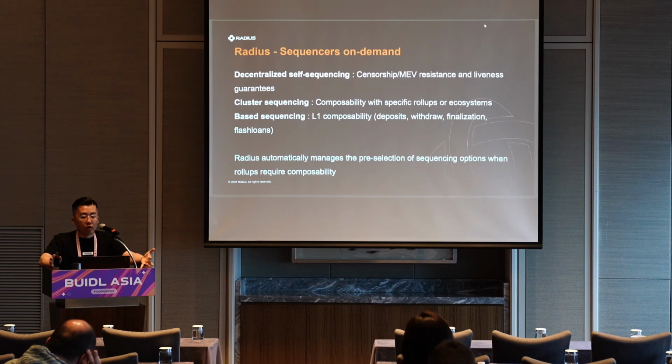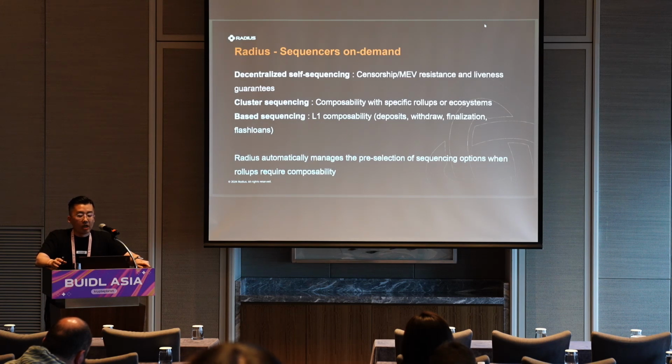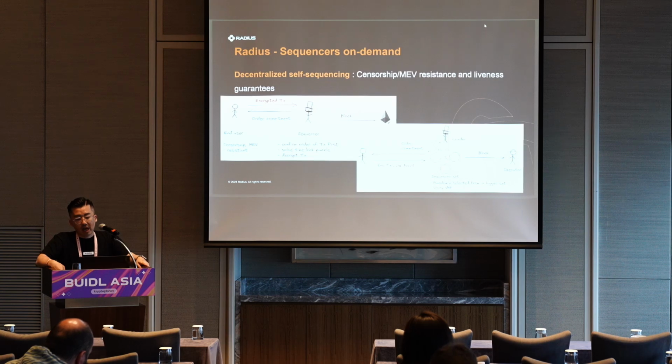So rollups need a concrete mechanism to provide censorship and MEV resistance. Liveness also really matters because centralized sequencers can stop working at any time, which leads to a bad user experience. So our sequencer on-demand service will provide censorship and MEV resistance and also liveness guarantees for these rollups.